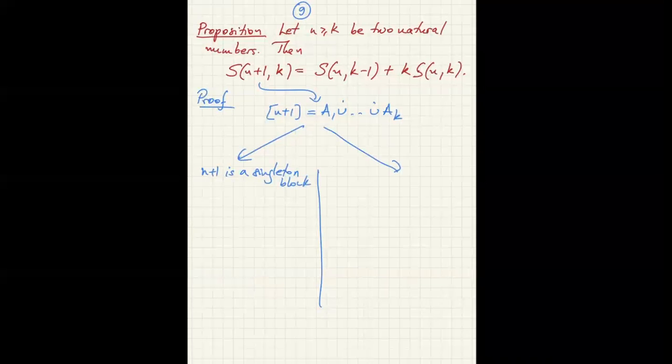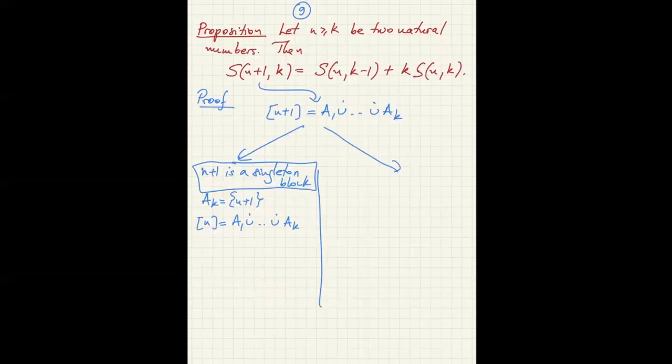So the set {N+1} is one of these sets A1, A2, and let's just say, for simplicity, AK is {N+1}. So in that case, the other sets A1, A2, up to AK minus 1 will form a partition of the set N, and every partition of N+1 with this property that N+1 is a singleton block arises this way.